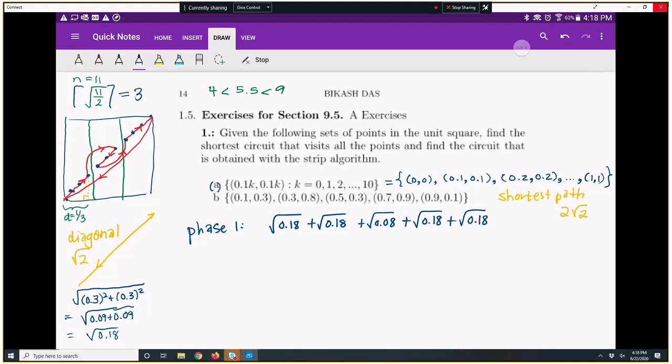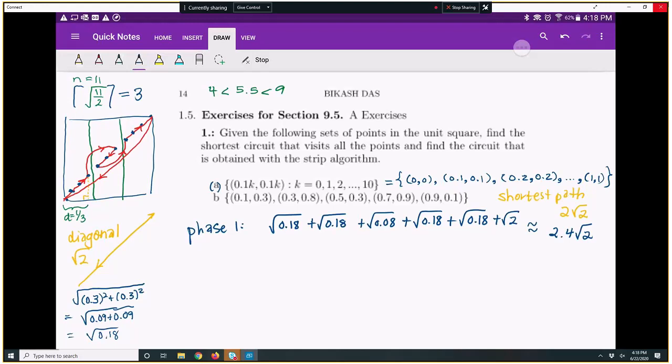And then finally I come all the way back down to 0, 0, so plus the square root of 2. Now if I add that up, I find that the phase 1 distance is approximately 2.4 times the square root of 2. So it is actually longer distance using the strip algorithm.